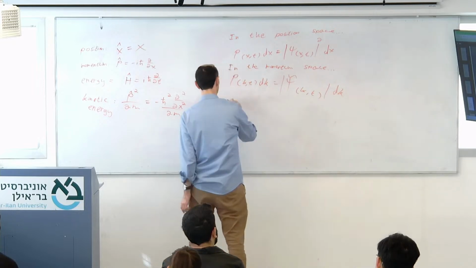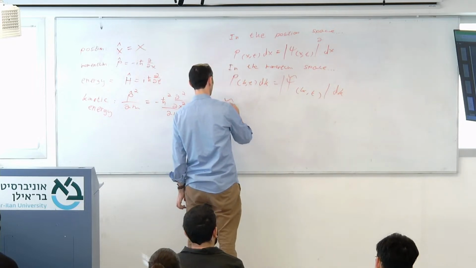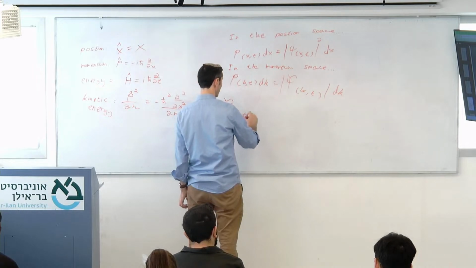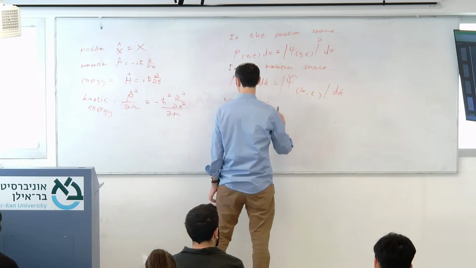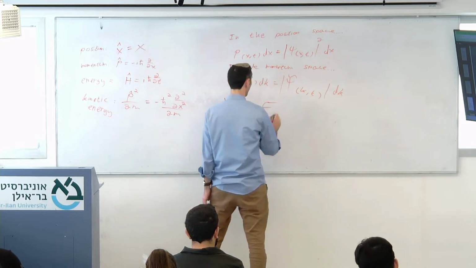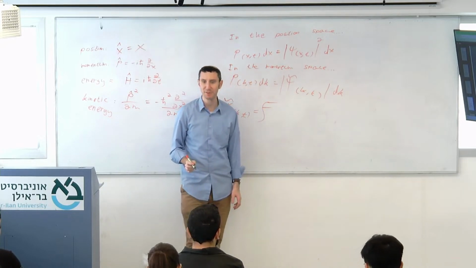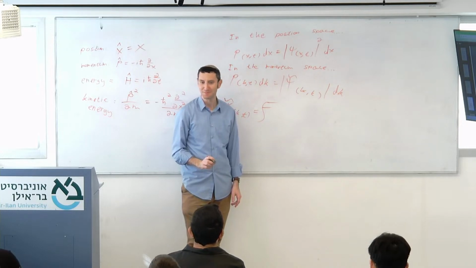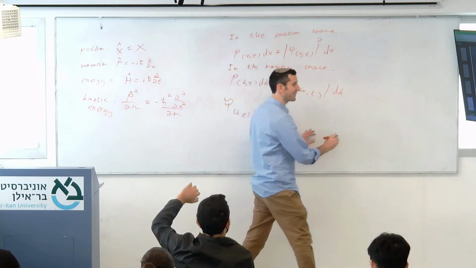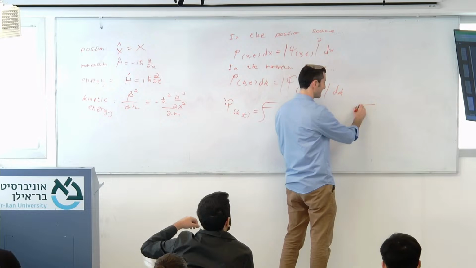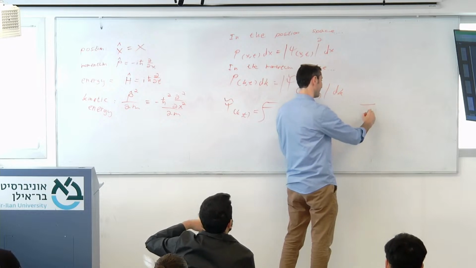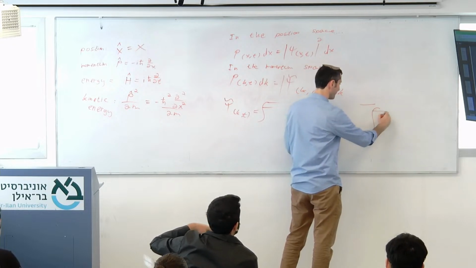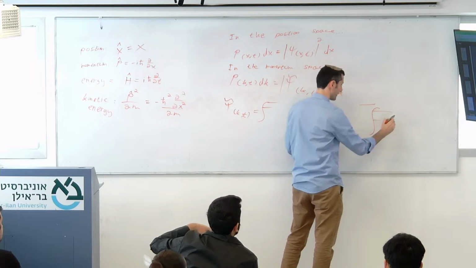Now, psi, let's write it down. Psi tilde of k,t would be, I still don't know how to write this fancy F. Can anyone help me? You have to do an integral and then a horizontal line, and then the middle line. Like this?